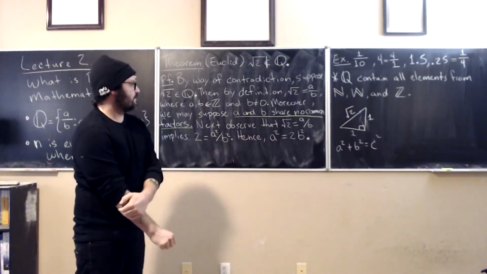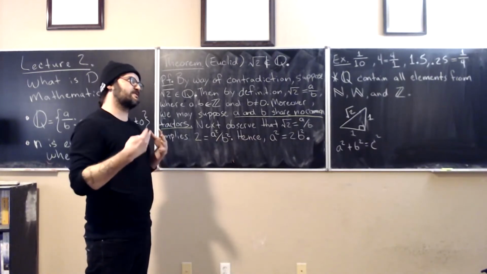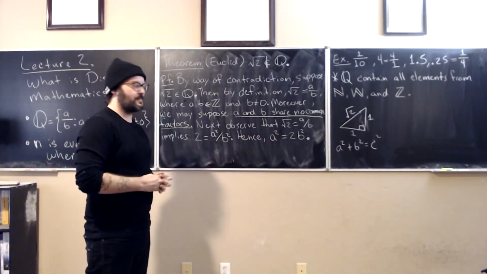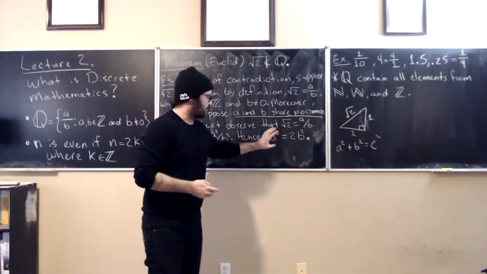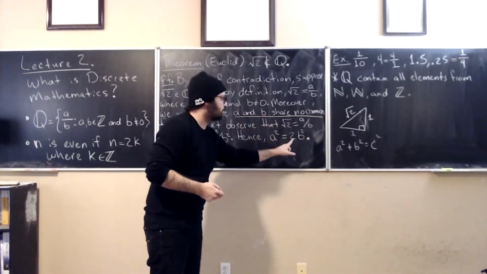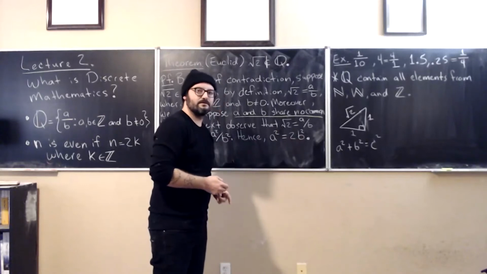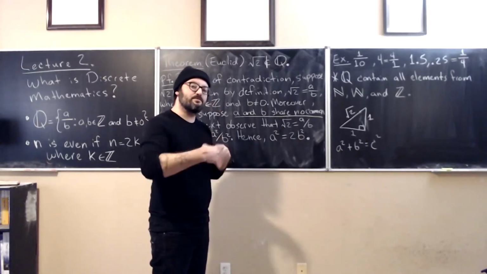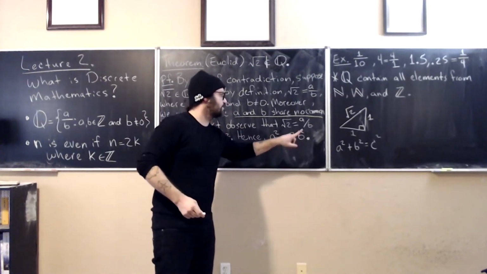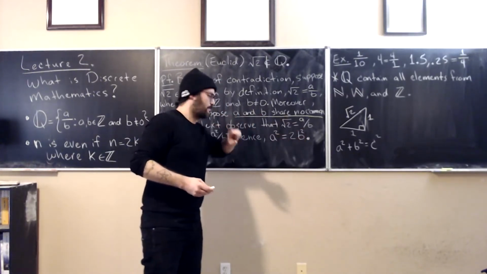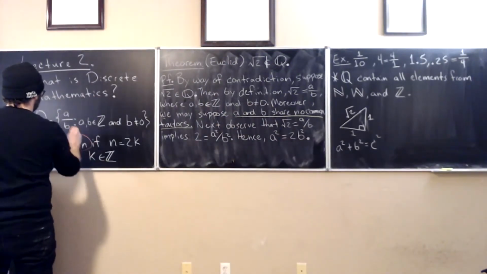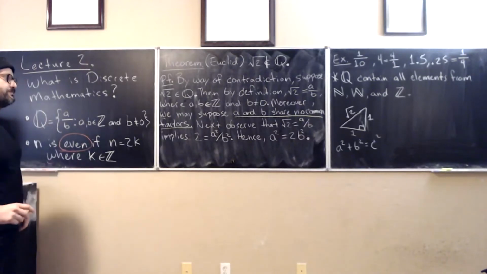Now, here is something that takes a small leap of thought. So first, observe a squared is equal to 2 times b squared. b is an integer, so b squared is an integer, right? So a squared is equal to 2 times an integer, which means that it satisfies the definition of being even.